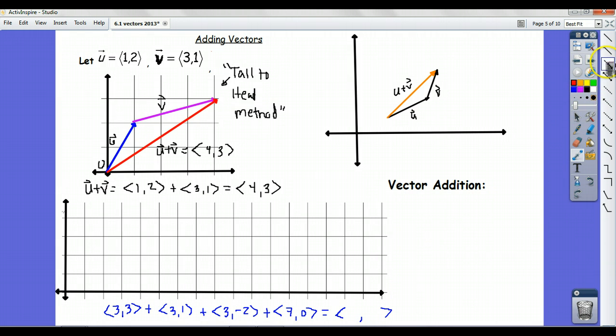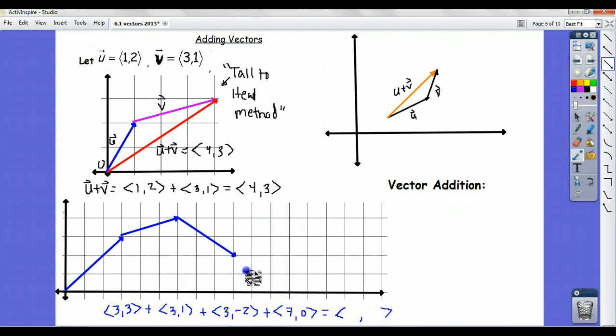All right, welcome back. So (3, 3), we'll start here. (3, 3) moves you 3 to the right and 3 up. And then from here, we take a ride on (3, 1), which moves you 3 to the right and up 1. From here, we go 3 to the right and down 2.